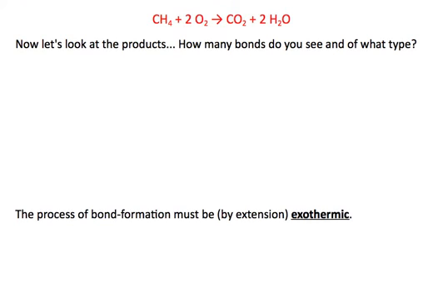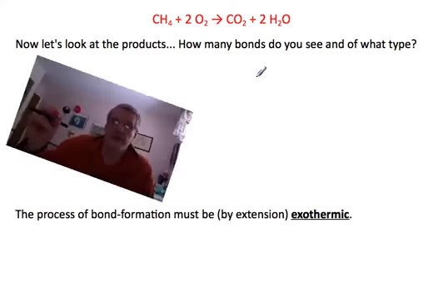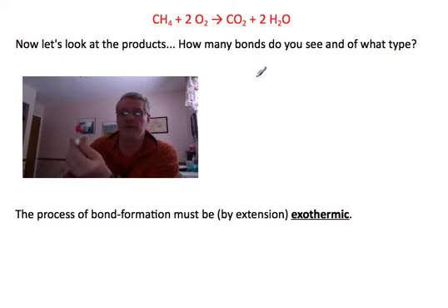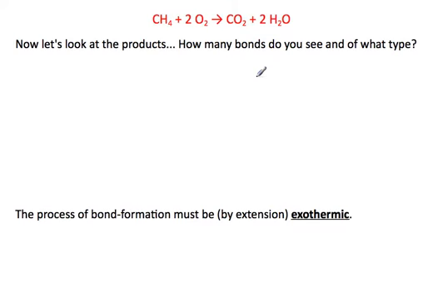Now let's look at the products. So again, a stick diagram here would be useful. Carbon dioxide. Well, there's the molecule of carbon dioxide. So hopefully, again, you will see and come to realize the type of bonding involved there. And there's water. So again, my water molecule, I have a hydrogen oxygen bond, but I have 2 of them in water. And so in terms of a stick diagram, it doesn't hurt to rattle one of these off.